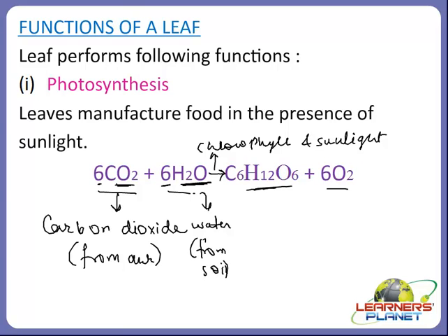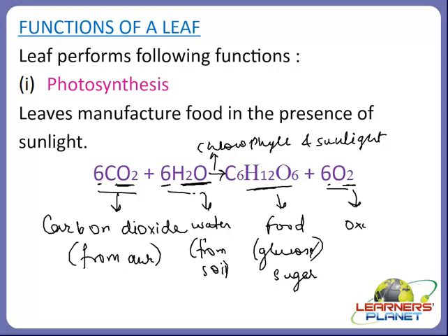this type of equation. This is the food in the form of glucose, or we can write it down as sugar. So this is the chemical formula of sugar, C6H12O6, plus we get 6 molecules of O2.